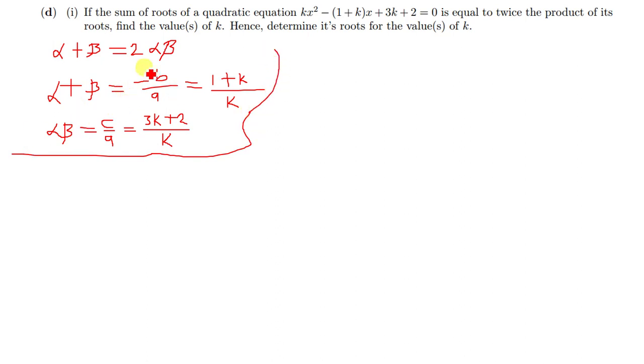And then we move on now to solving. So now we replace what we have found here into that expression. Where there is alpha plus beta, we put 1 plus k over k, then where there is alpha times beta, we put 3k plus 2 over k.